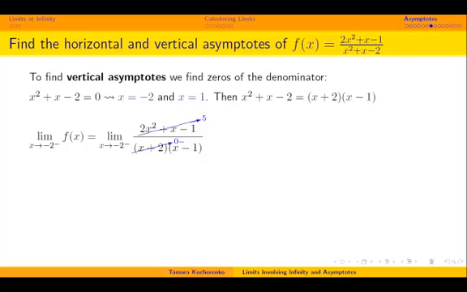X minus 1 tends to negative 3 at negative 2. So in the denominator, we have a small negative number times negative 3, which is a small positive number. So the limit is positive infinity.